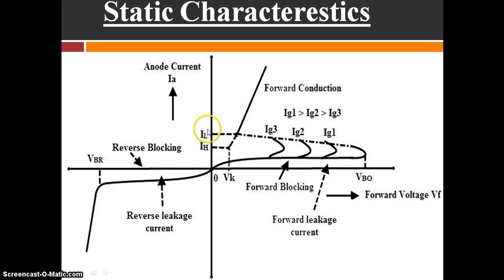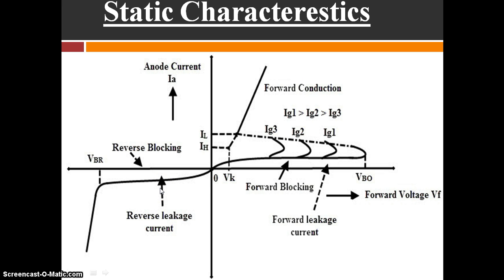IL denotes the latching current and IH is called the holding current. There are 4 quadrant operations: first, second, third and fourth quadrant. There is forward and reverse condition, opposite to each other.